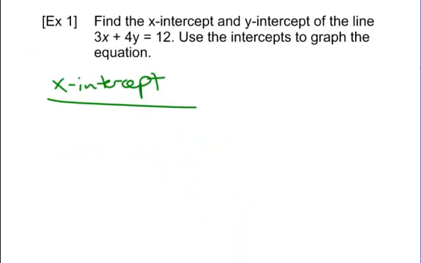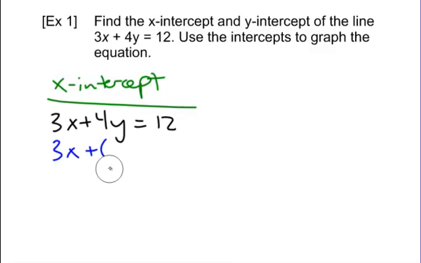But let's write down the equation first. 3x plus 4y equals 12. We need to make y into 0 because the x-intercept is when y is 0. So we're going to keep 3x the way it is, and 4y becomes 0, and that equals 12. 4 times 0 is just 0, so we have 3x equals 12.